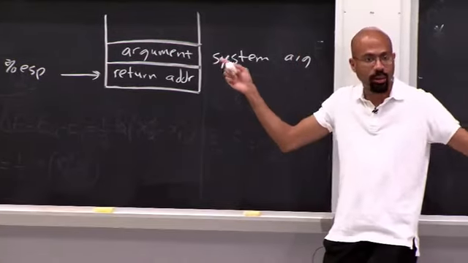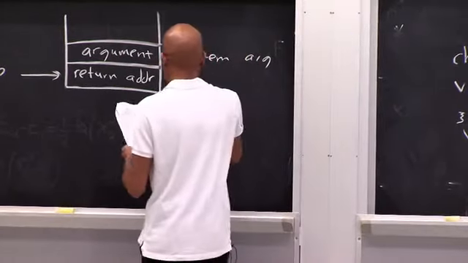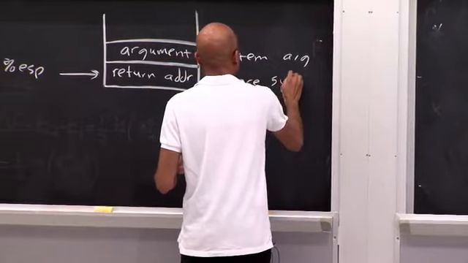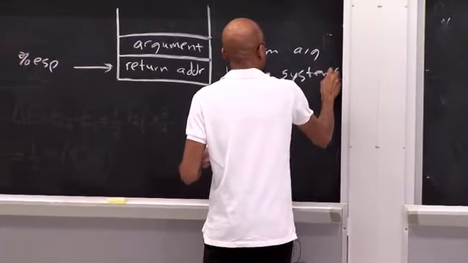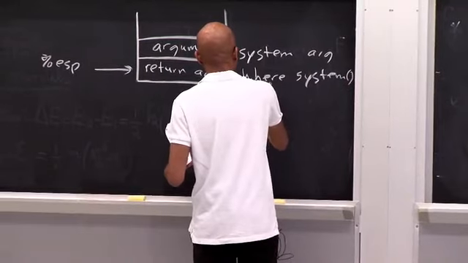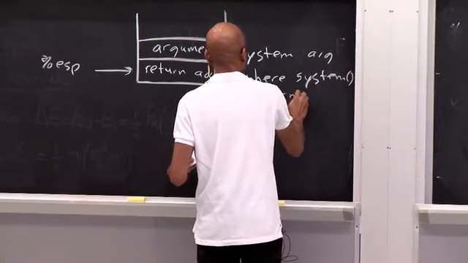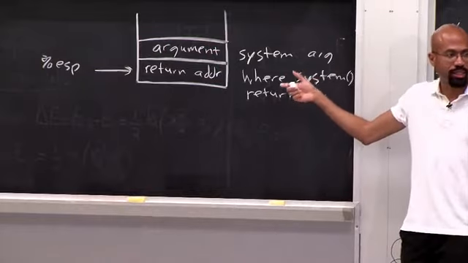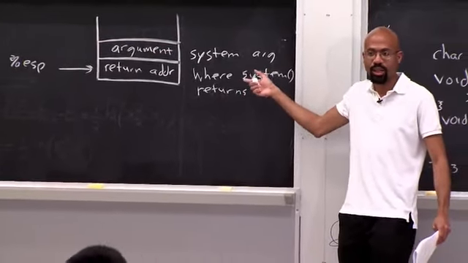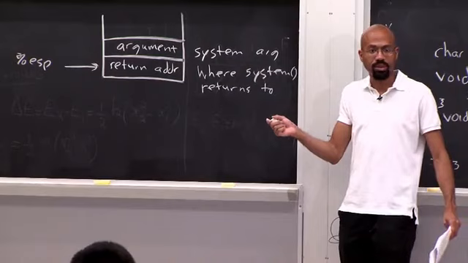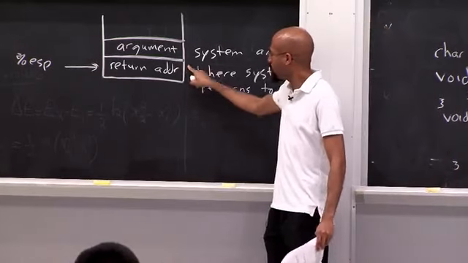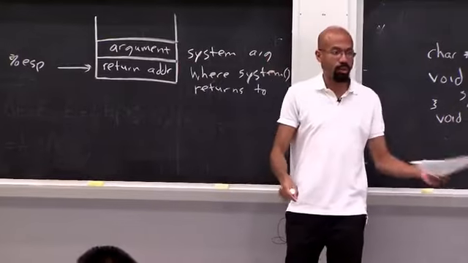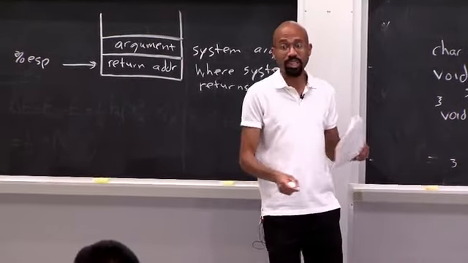This is the string that we actually want to execute, and then down here this is where system should return to when it's done. Right? So this is what system expects the stack to look like right before it starts execution. It's going to say, this is where I should go when I'm finished. This is the thing I should consume as my argument. Right? In the past, we've been assuming that there were no arguments being passed to functions, but now this is a little bit different.